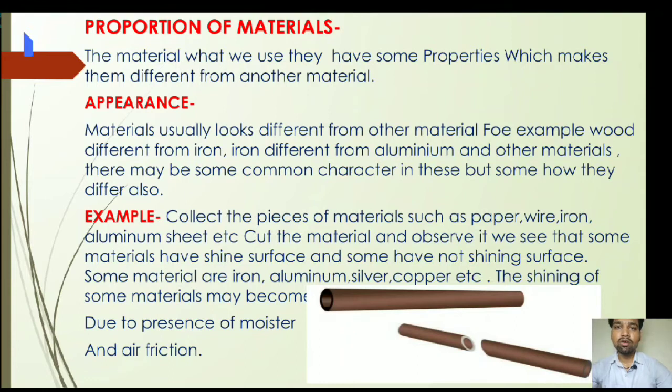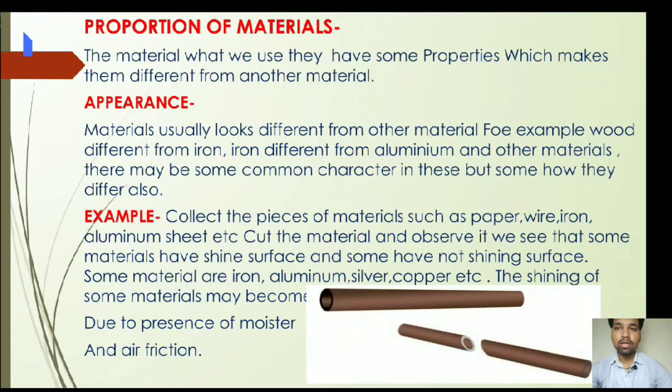Now, these objects have some common characteristics also, but on the basis of differences, they differ from one to another. Here, an example is given. If we collect pieces of some materials such as paper, wire, iron, aluminium and cut those items, friends, when we cut those items, what do we see?